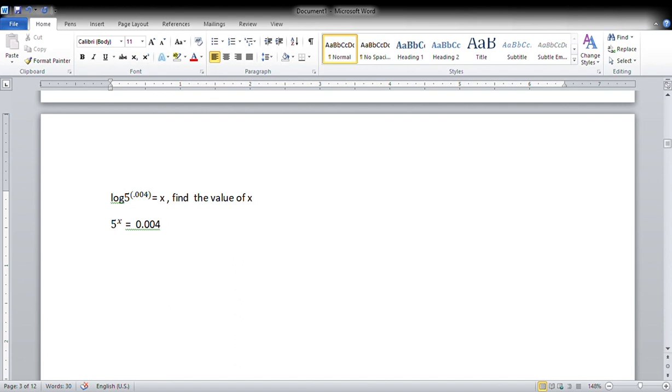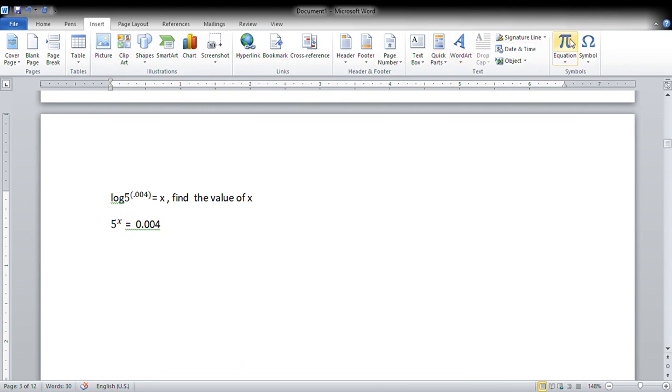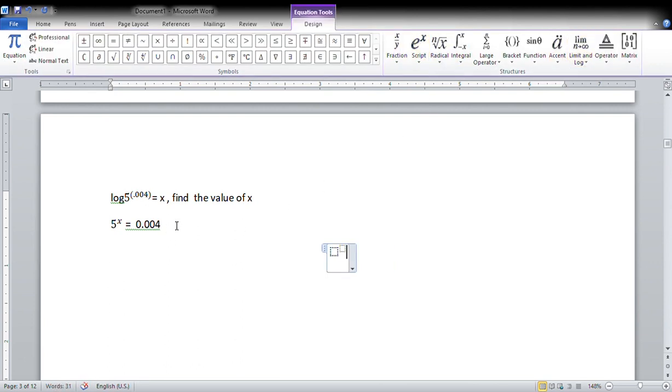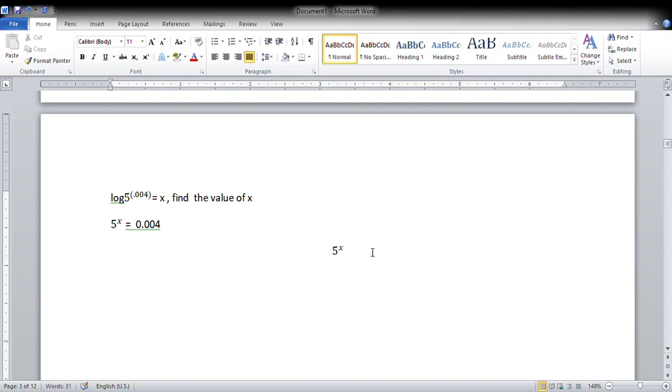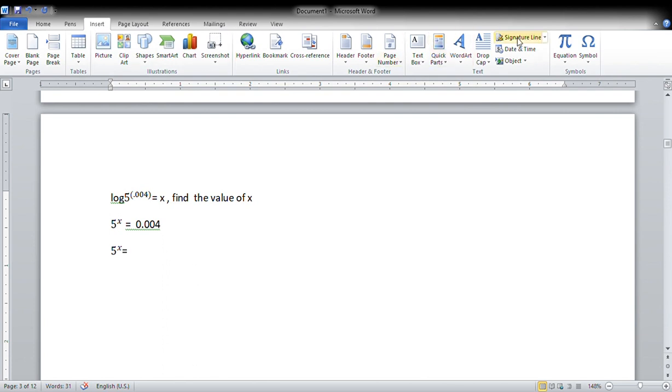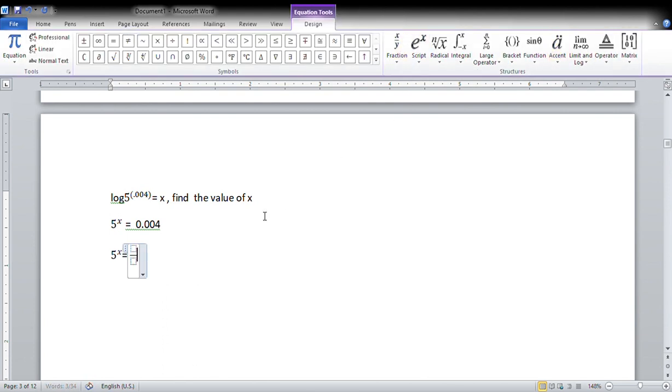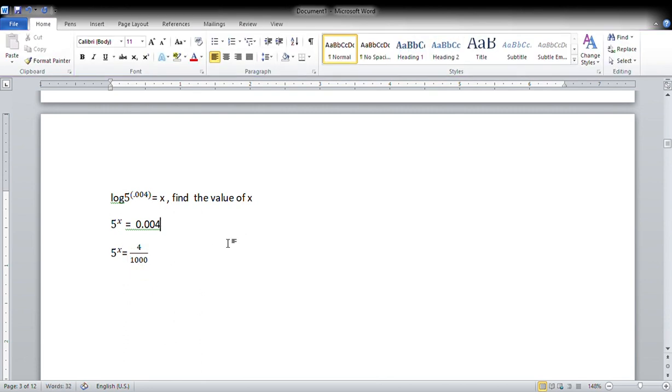So 5 to the power x, we have to find out the x, right? We can write it as 5 to the power x, and if we want to convert this 0.004, we can write it as 4 by 1000, right? 4 by 1000.